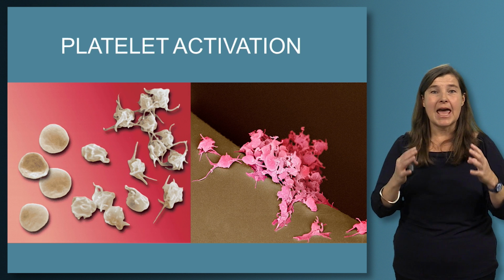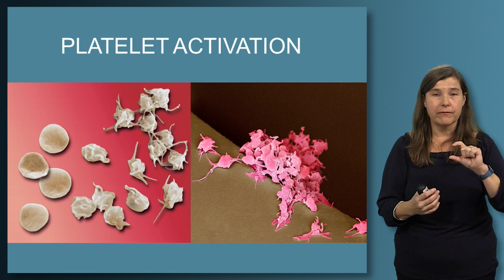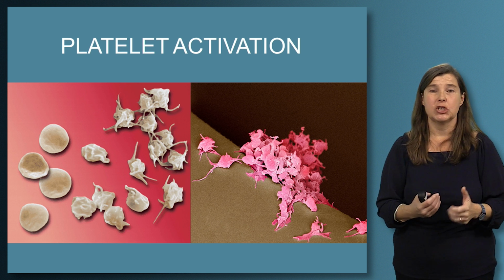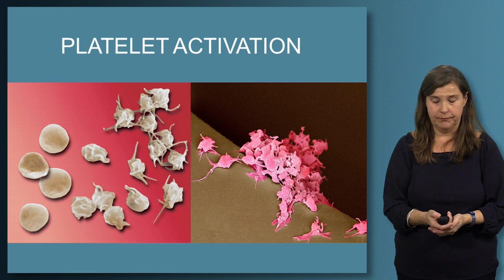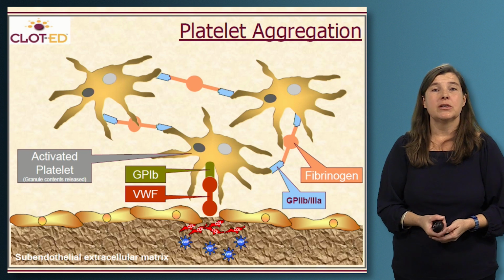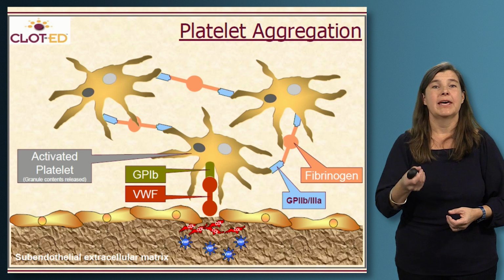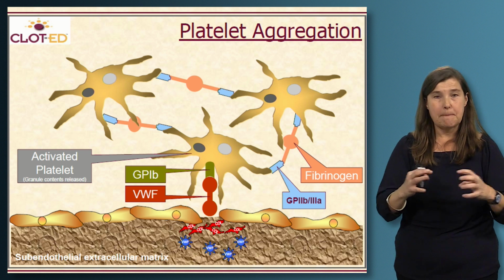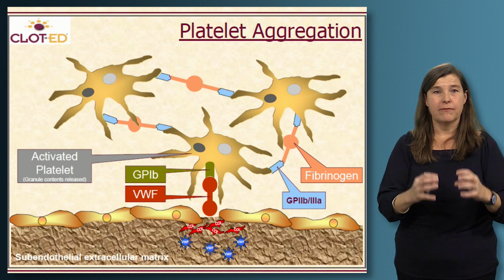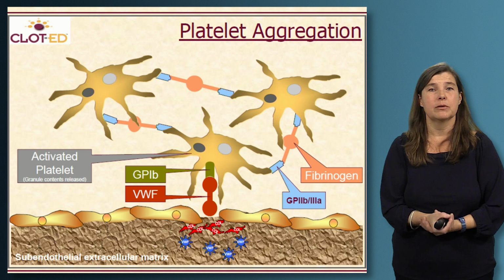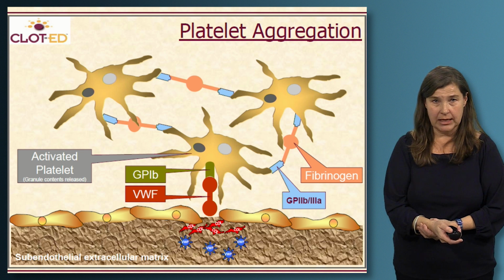They become an active surface. The actual phospholipids flip and change with this process. As a result, there are new receptors on their surface, GP2B3A, that allow these platelets to sort of cement each other together and form that plug. And that's the process of platelet aggregation.